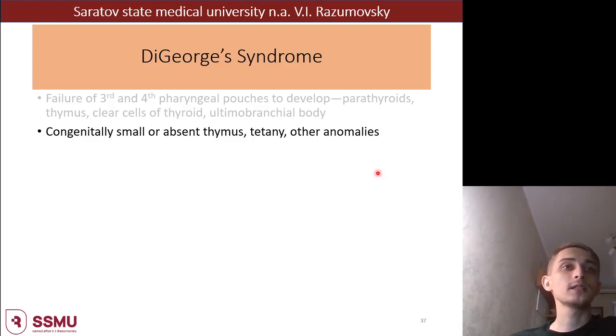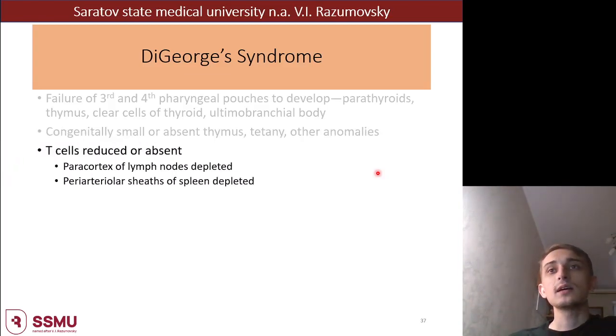We can see non-specialized T lymphocytes, and also we may see a reduction of them or their full absence, and we can see the paracortex of lymph nodes depleted, the periarterial sheaths of the spleen also depleted, and we may see some changes of cell reactivity.